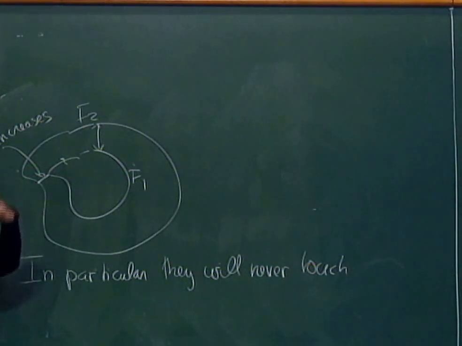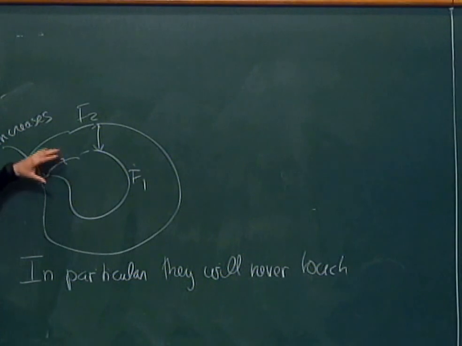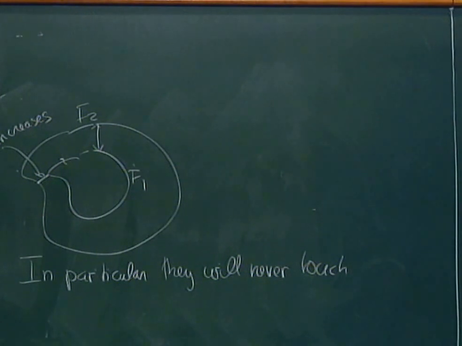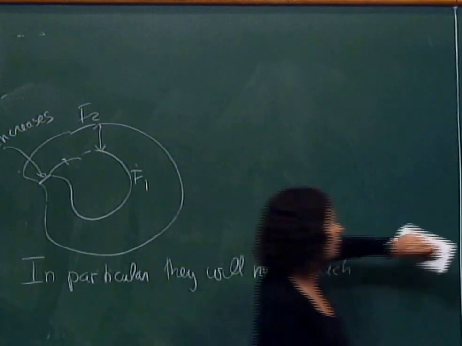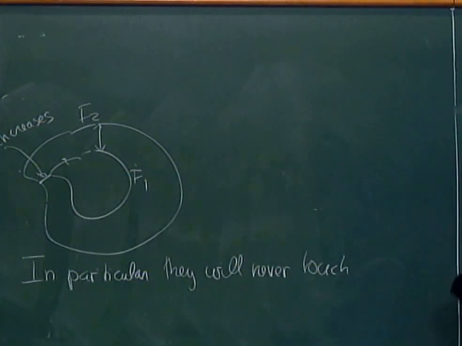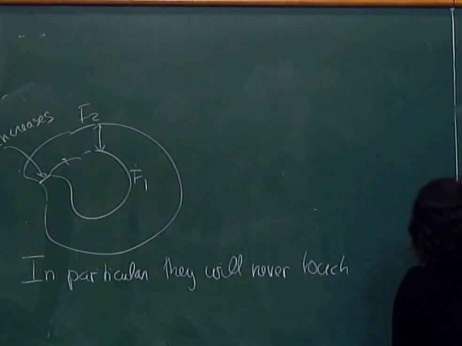So let it move out a little bit. And then compare these two things, and these two will never touch, but in the limit they should be exactly the same thing. So actually this tells you that you have a unique solution. Corollary important.